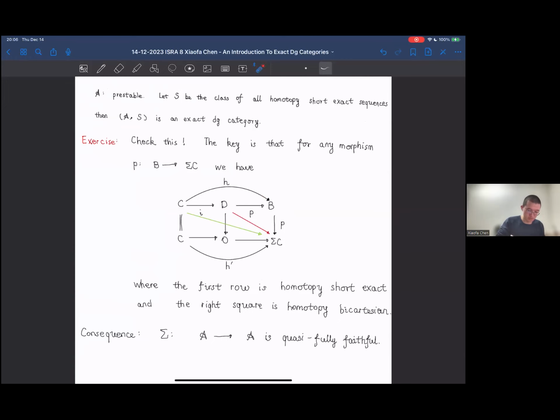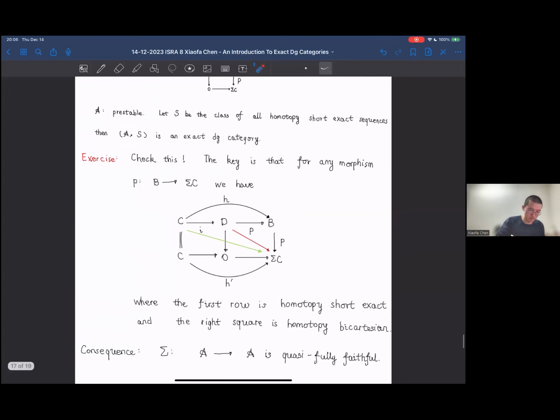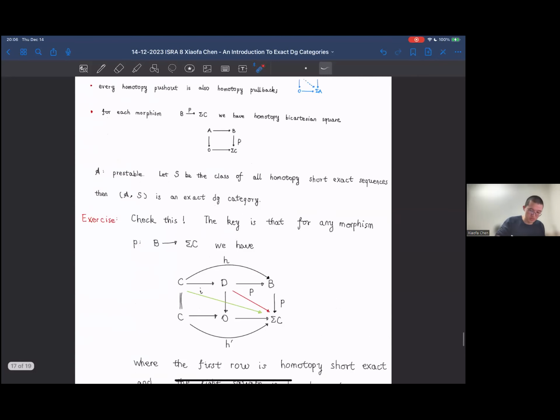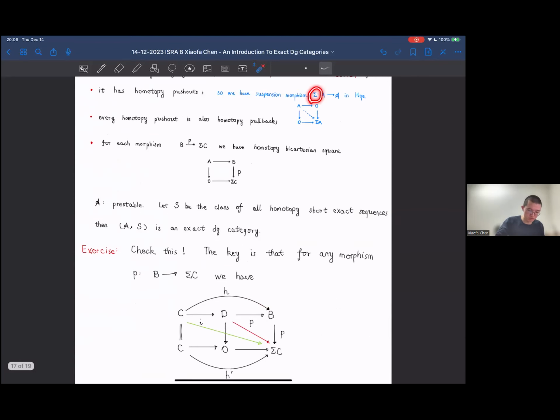Now, as a consequence, the suspension morphism sigma from A to A is quasi-fully faithful.